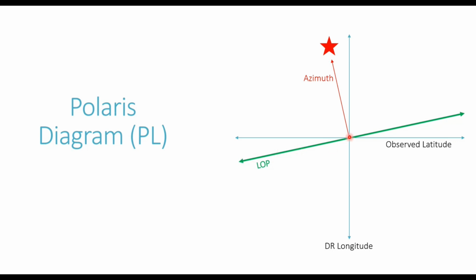Now you can clearly see, if the azimuth of the pole star is exactly 0.0, azimuth is exactly north, in that case the PL will be running in the east-west direction, and the PL will then also be our fixed latitude. So this is the plot of the Polaris position line.